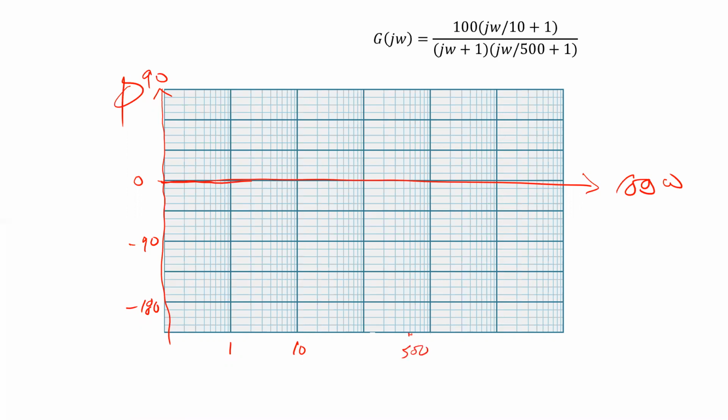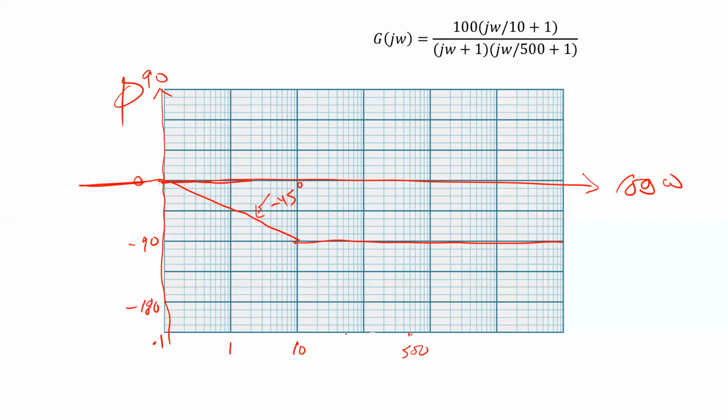Now we said in the approximation, this is 0.1, 1 decade before the corner frequency, the angle will be 0. 1 decade after, which is the 10, the angle will be 90, and this is going to be 45 degrees.